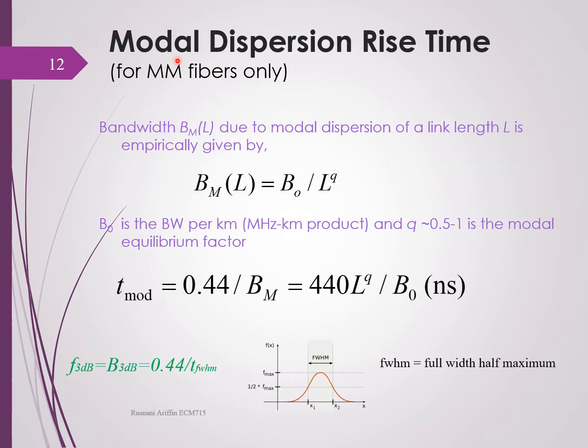Now let us look at modal dispersion rise time. We know that modal dispersion occurs only in multimode fiber. First you need to determine BM, the bandwidth due to modal dispersion of a link of length L. The formula is BM equal to B0 divided by L to the power of Q. L is the link length, B0 is the bandwidth per kilometer, in megahertz kilometer product.